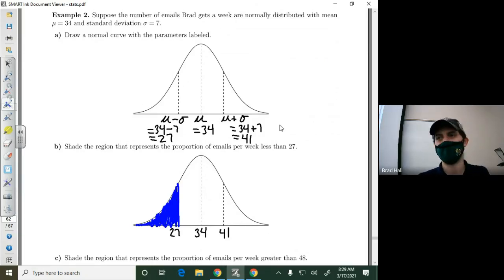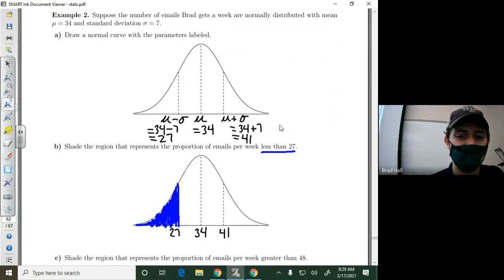It will legitimately be a multiple choice question in your homework that says, shade the region that corresponds to, say, less than 27, or whatever example it provides, whatever word problem it does. It's that simple. Now, in this class, you don't have to worry about an equal sign or not. You don't have to worry about that this is x is less than 27.